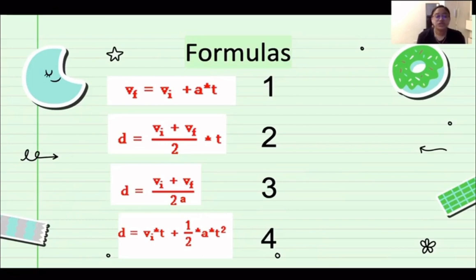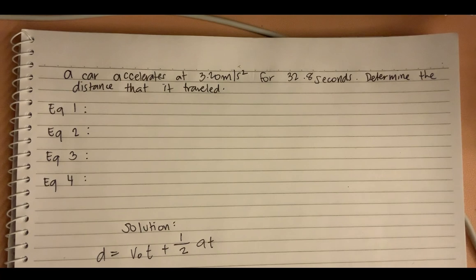Okay, now that we know the difference between the four equations, let us solve a word problem. Our problem is: a car accelerates at 3.2 meters per second squared for 32.8 seconds. Determine the distance that it traveled.